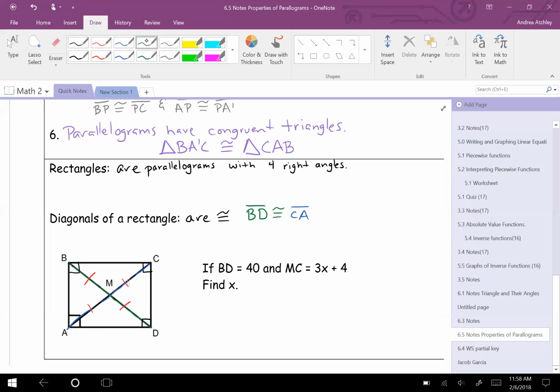So they're telling me that BD is 40. So from here to here is 40. And then MC, from here to here, is 3x plus 4. Write it down.